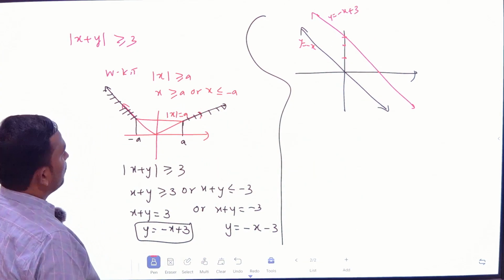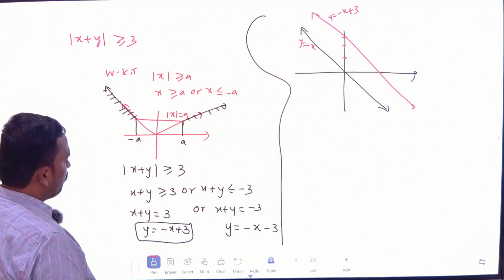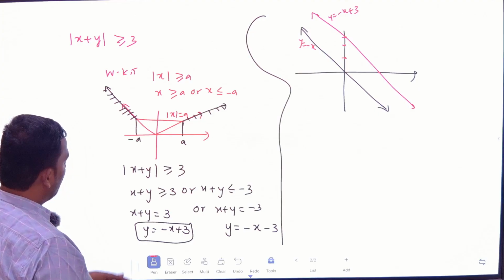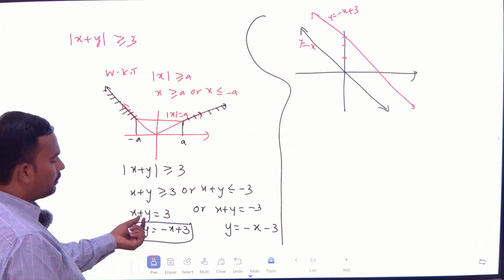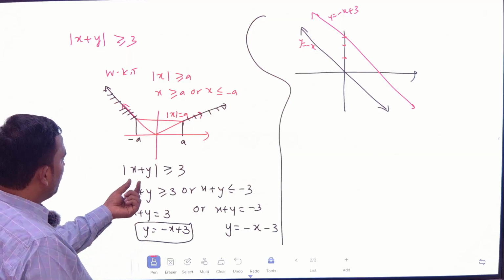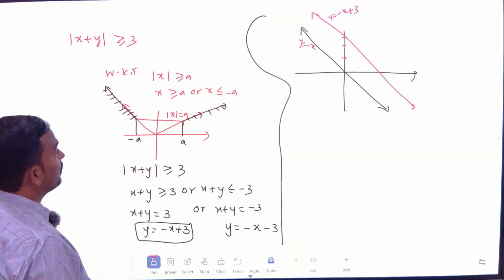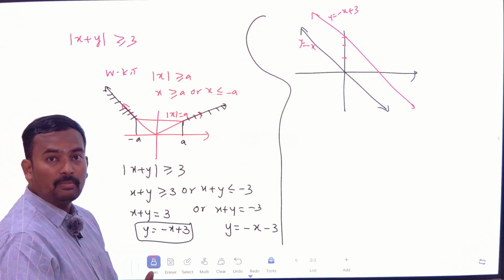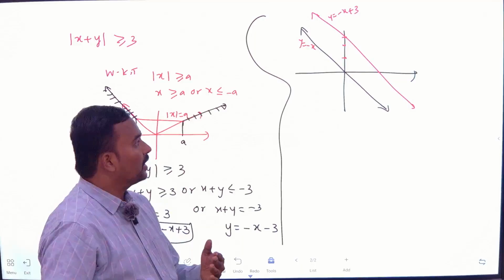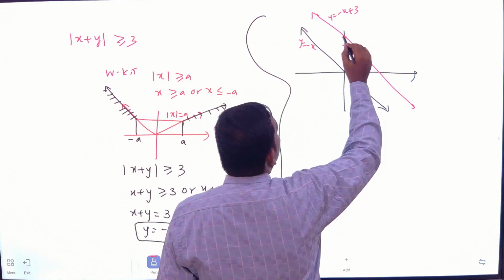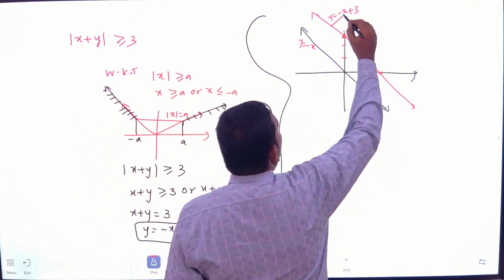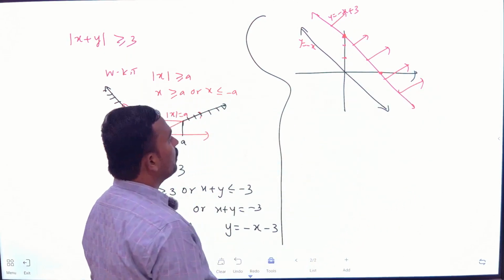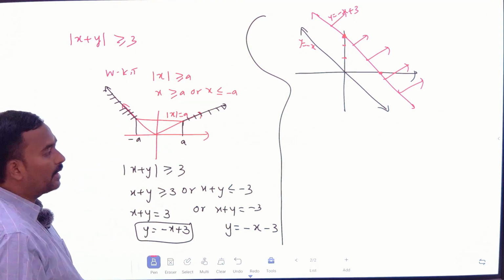Now y is equal to minus x plus 3 is the same as x plus y is equal to 3. That means x plus y should be greater than or equal to 3, so we need the region more than or equal to 3. Equal to 3 means you have to take all the points on the boundary, so you have to include that line also.